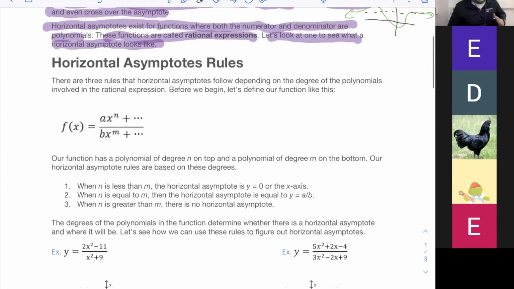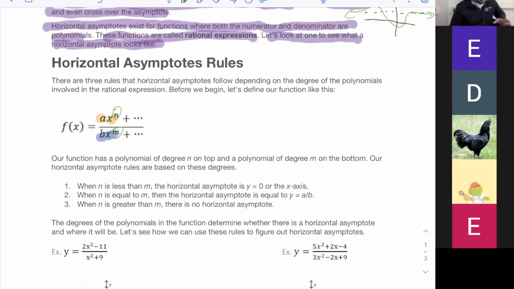So if we're given a rational function where ax to the n is the lead term of the numerator, and bx to the m is the lead term of the denominator, what we're going to pay attention to is the biggest exponent, or the degree, of each of the denominator and the numerator.